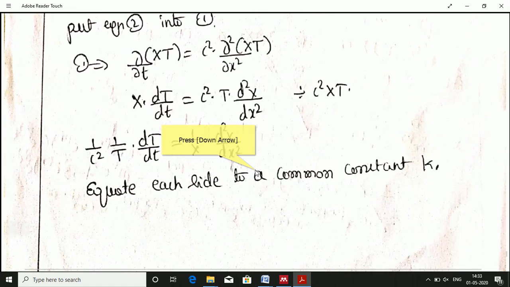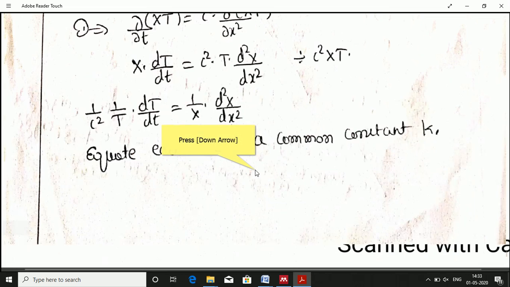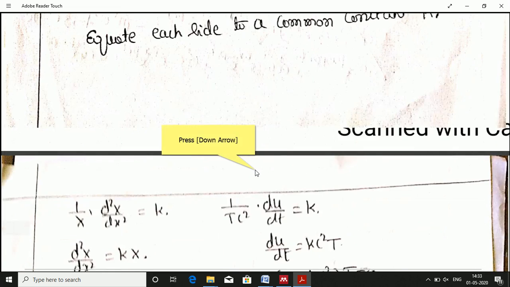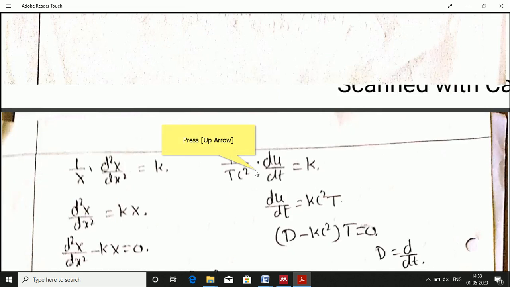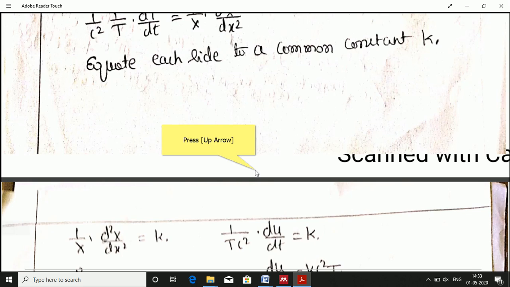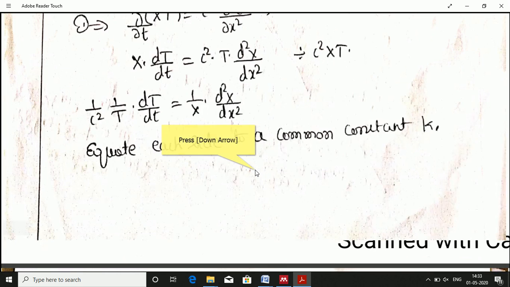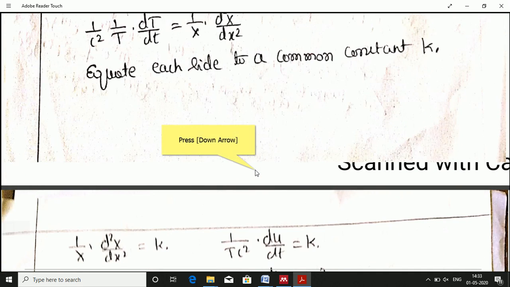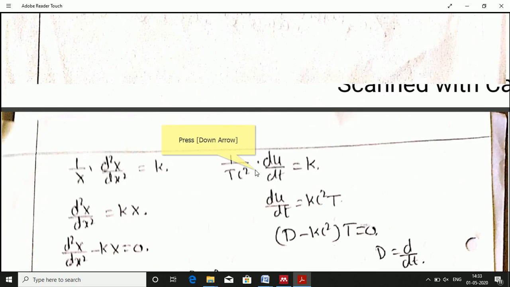Equate each side to a common constant k. 1/X d²X/dx² = k, and 1/(c²T) dT/dt = k. So d²X/dx² - kX = 0, and here dT/dt - kc²T = 0.